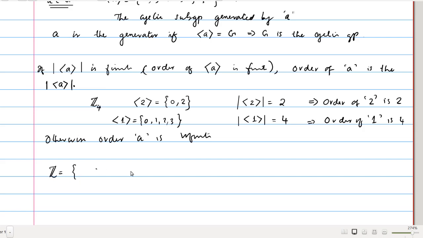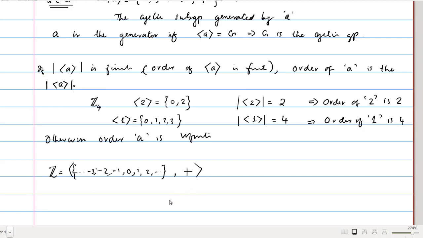We know that this is 0, 1, 2, 3, etc., minus 1, minus 2, minus 3, etc. So this is our Z. We know that Z under addition is a group, in fact an abelian group.